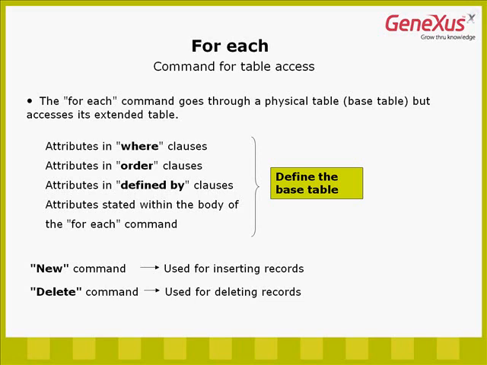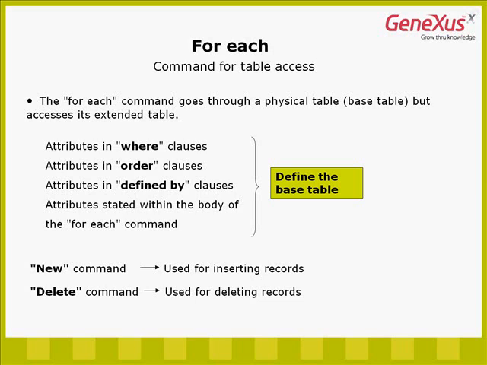That base table is determined, as we have already seen, by those attributes that are present within the where clause and the order clause. The order clause will allow us to indicate the order in which we want the records to be traversed. If we do not specify an order, the table's primary key will be used by default.